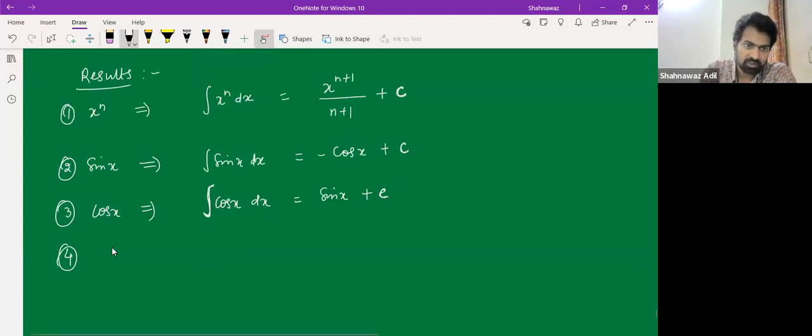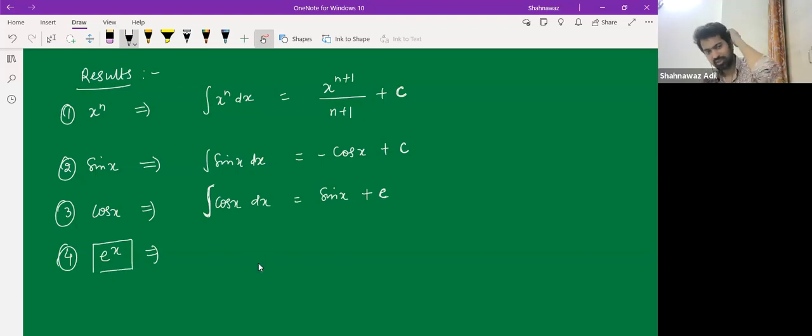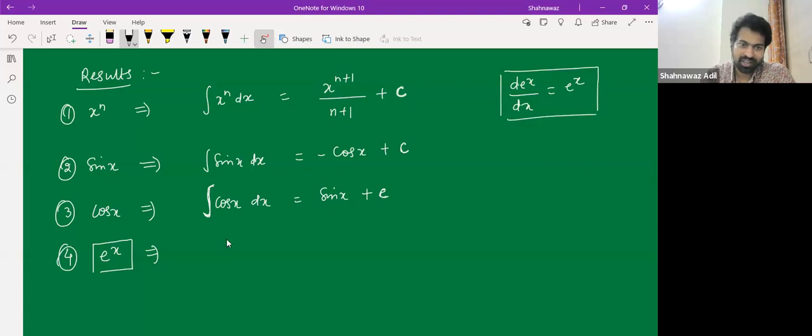Then we have the exponential function. This is very important in mathematics. What was the differentiation of the exponential function? It was e^x, the same. So the integration of the exponential is also the same: e^x.